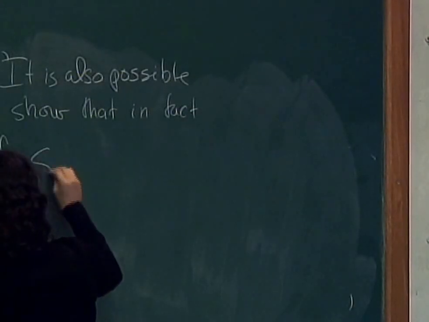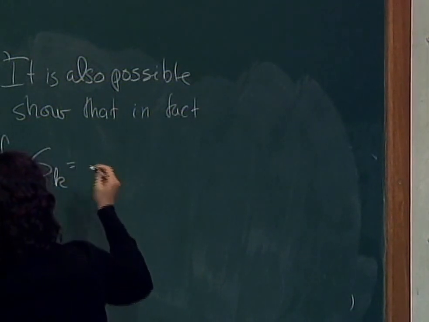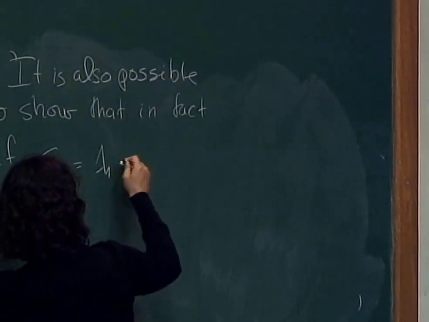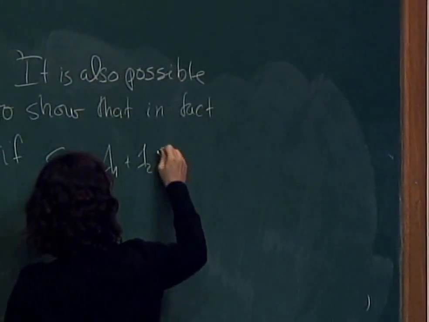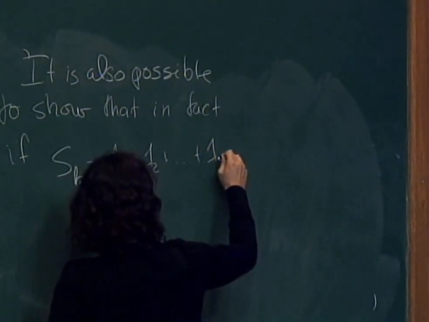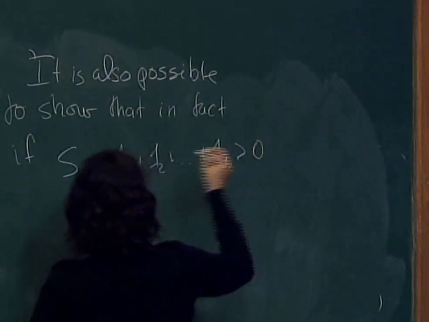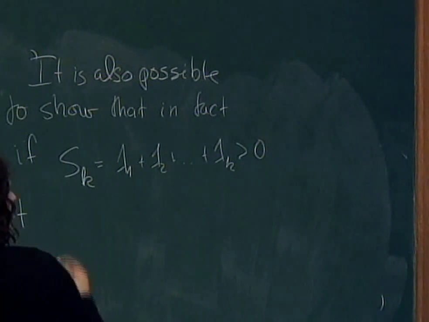If Sk, that means lambda 1 plus lambda 2 plus lambda k, is positive at the initial time, then this is preserved.